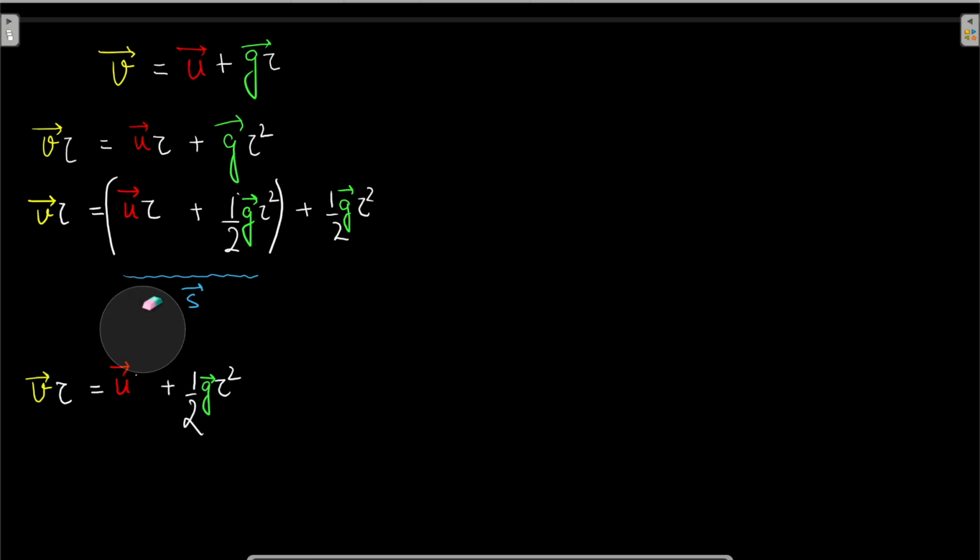Sorry, it is not this u vector, we have S vector. Okay, now we'll plot this. How about we plot this one first, then I'll show how we come to this thing.